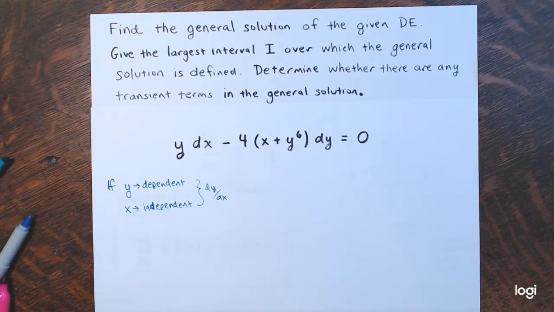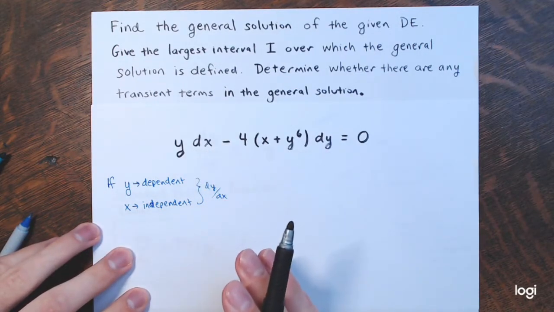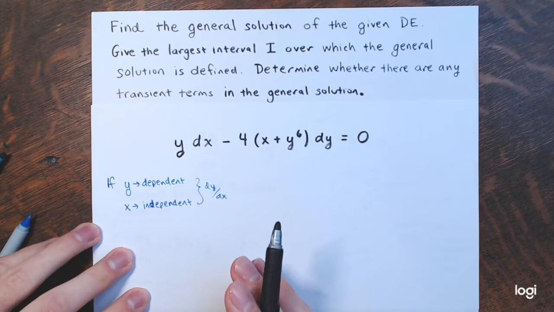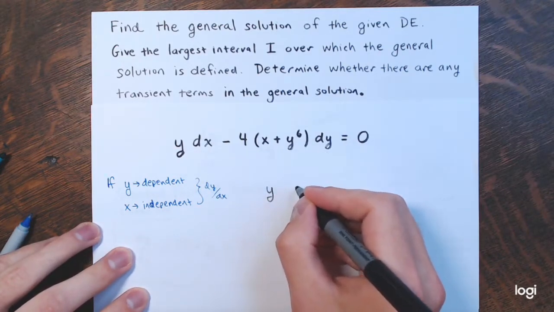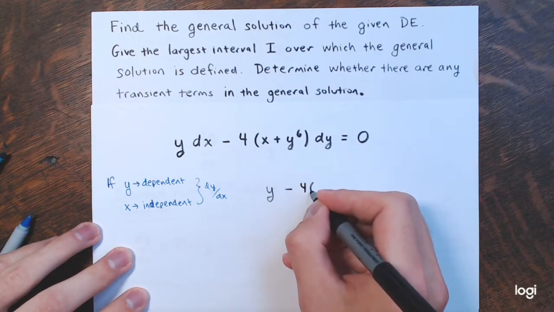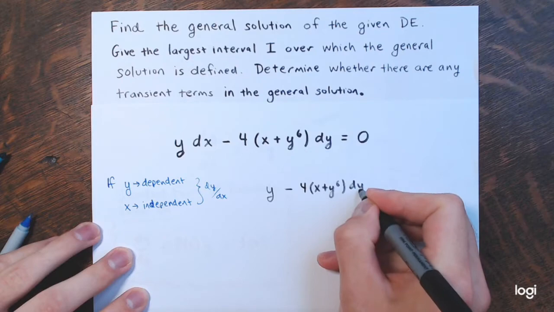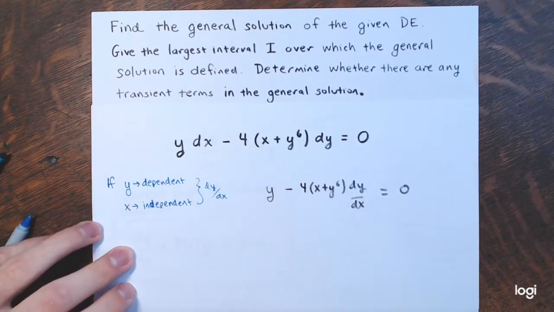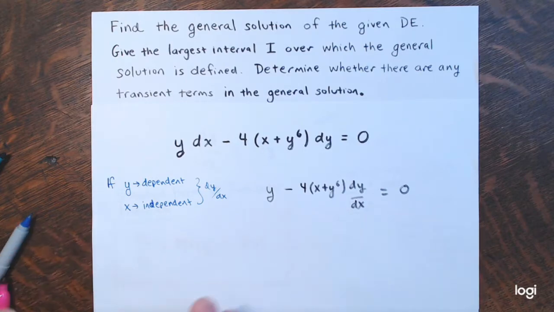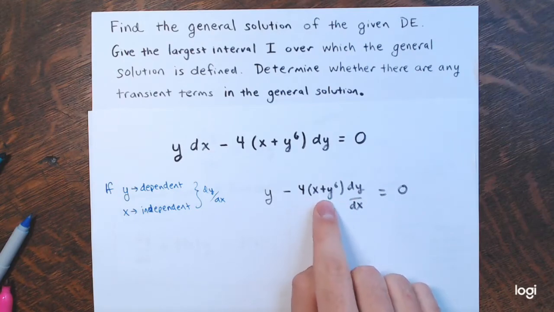I would want dy/dx, so I divide everything by dx, and you can only do that kind of manipulation with first order differentials. So we get y minus 4 times (x plus y to the 6th) dy/dx equals 0. Now I have my first derivative there, but the coefficient of the first derivative doesn't depend on just the independent variable.